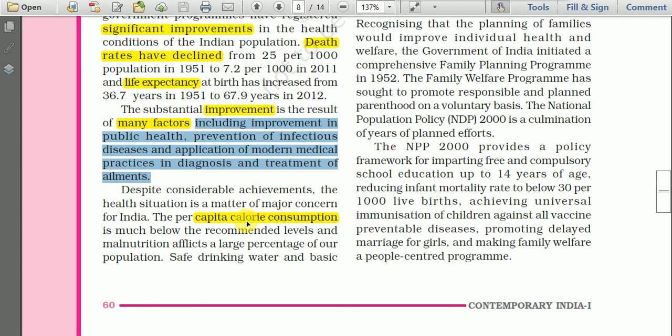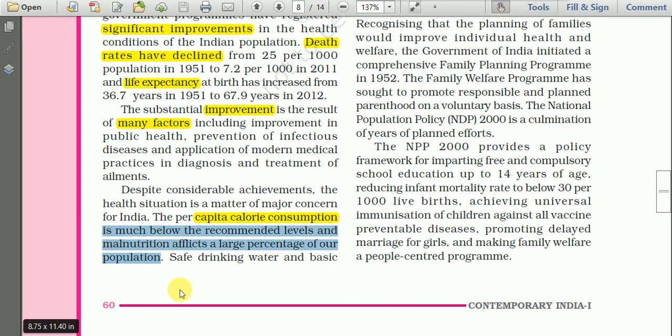Despite considerable achievements, the health situation in India is a matter of major concern, because the per capita calorie consumption is much below the recommended levels, and malnutrition afflicts a large percentage of our population.